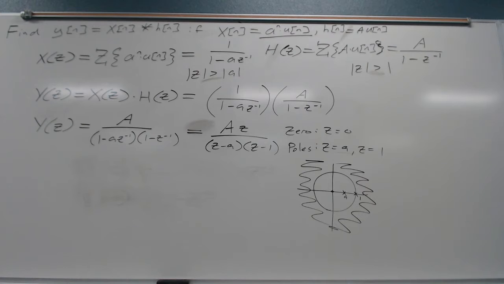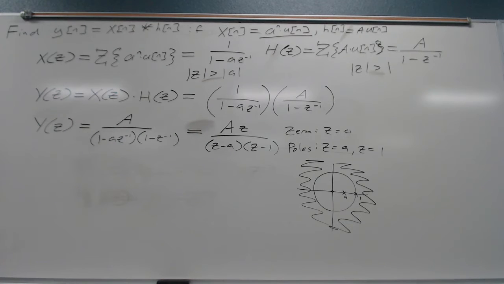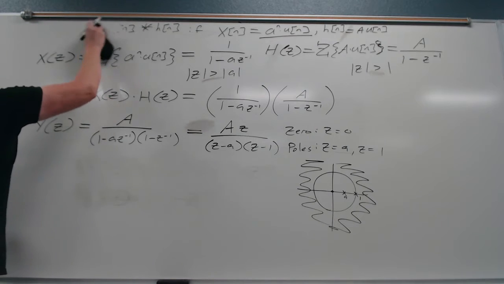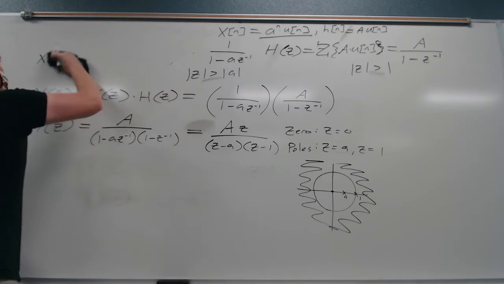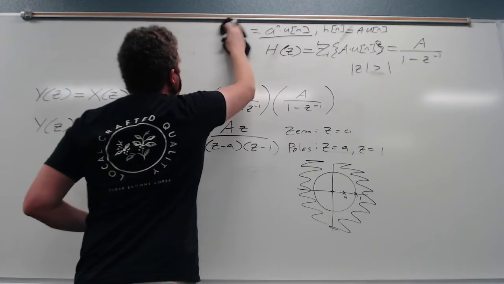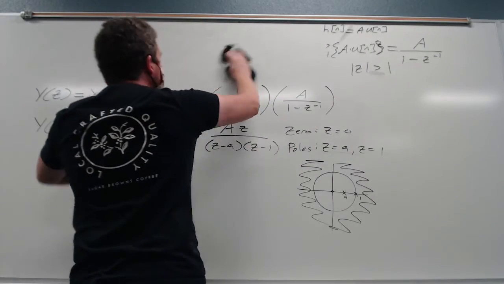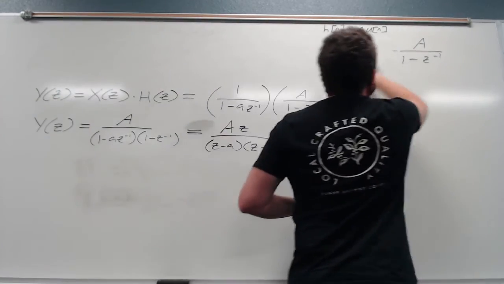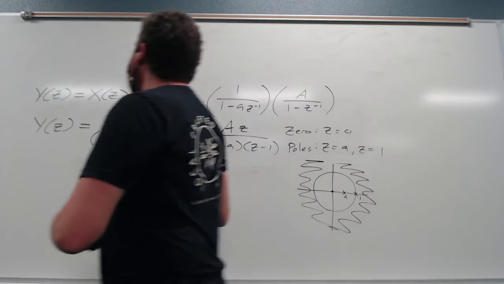And we need to find the inverse Z transform to get back to our sequence y of n. So let me make some room for myself. All right, let me say this.